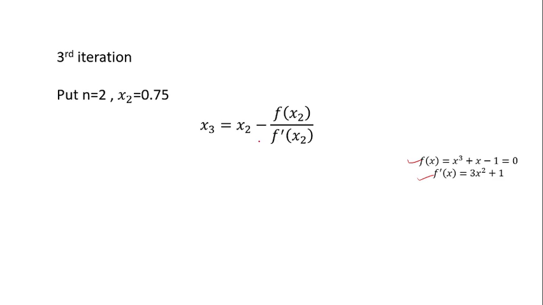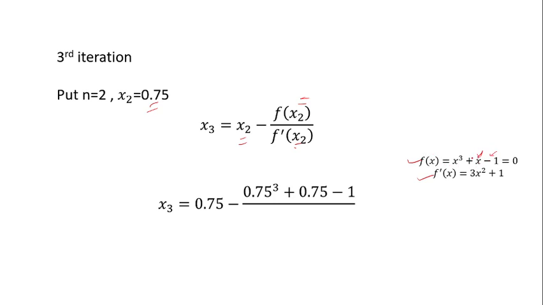Now substitute x2 as 0.75 everywhere. So x3 = 0.75 minus (0.75 cubed plus 0.75 minus 1) divided by (3 into 0.75 squared plus 1). If you simplify this, x3 is 0.6860. But if you observe, x2 is 0.75, x3 is 0.6860, both are not the same.